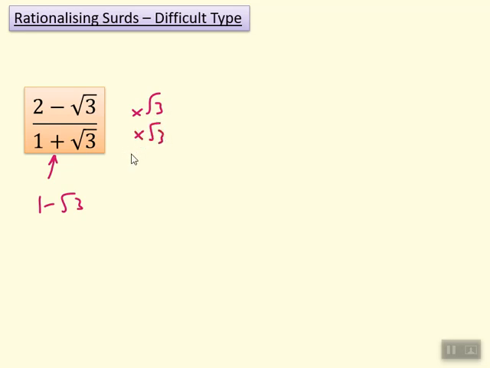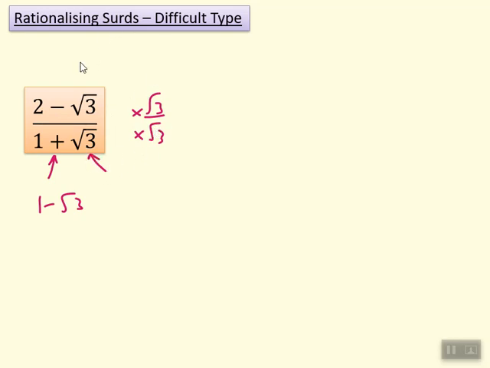Okay, so that's a massive problem. If you're adding two things or taking two things away from each other on the bottom of the fraction and one of them is a surd, you can't do that. So you can't times top and bottom by root 3. If you were to do that, try it for yourself, but that surd will not disappear.